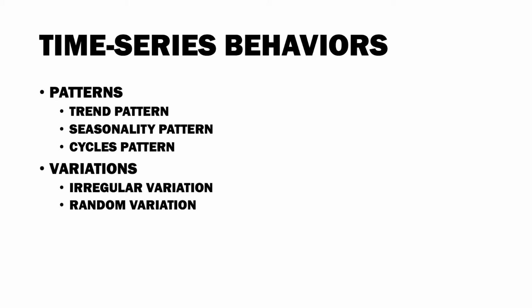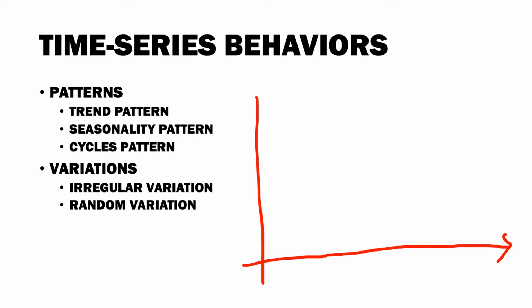Okay, so the first thing we're going to do is become familiar with different types of patterns that arise out of collecting data to make our time series forecast. Let me draw out a chart. Because this is a time series, the X represents time. And for this one, we'll say that the y-axis represents revenue.